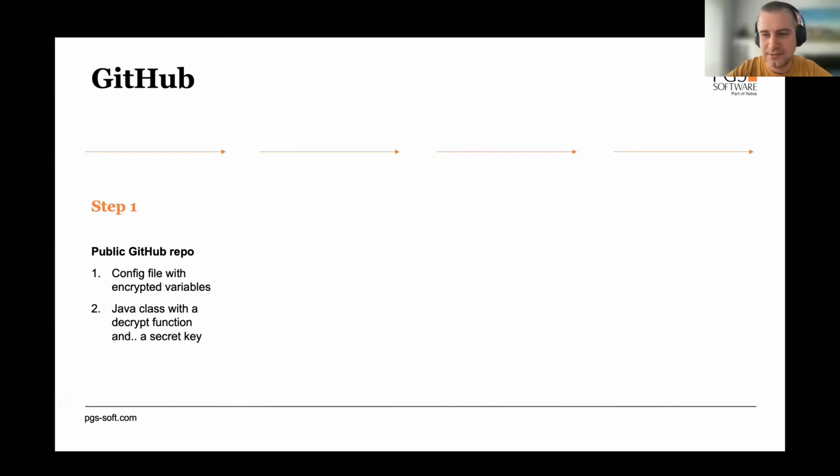But this is something that I wanted to dig more into. So I was checking the whole repository, and in the same repository, there was a Java class with decrypt functionality and the encryption key, the secret key, hard-coded in it. So not that hard to use it to decode all values.